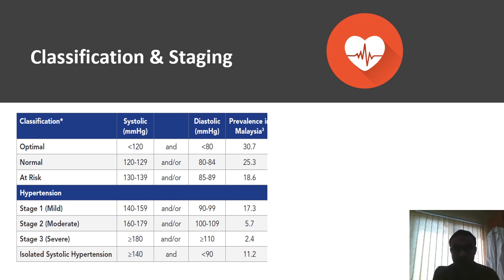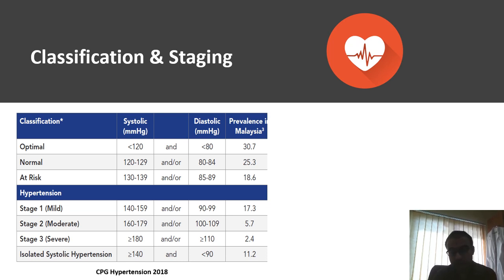This at-risk category in the international guidelines is termed high normal. Among hypertensive patients, we have stage 1 or grade 1, stage 2, and severe hypertension as shown in the table.